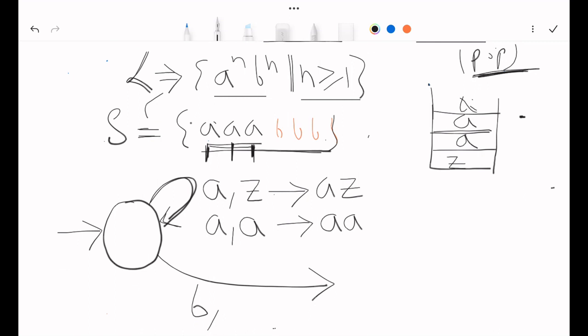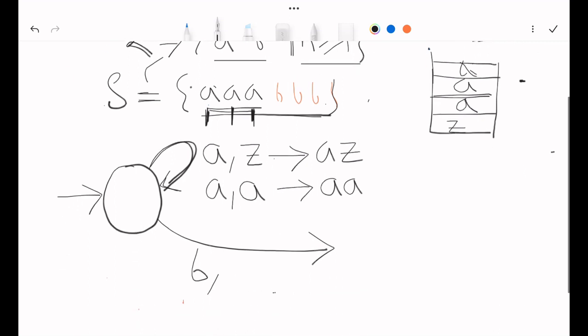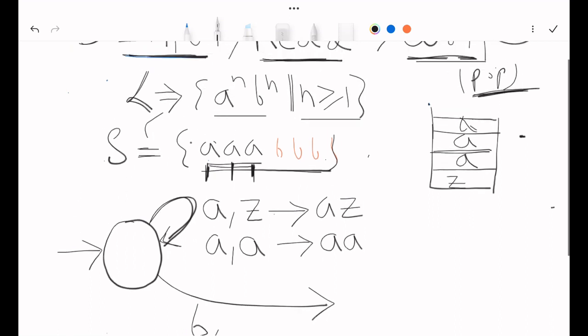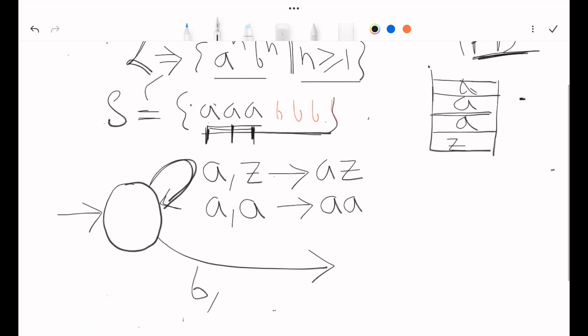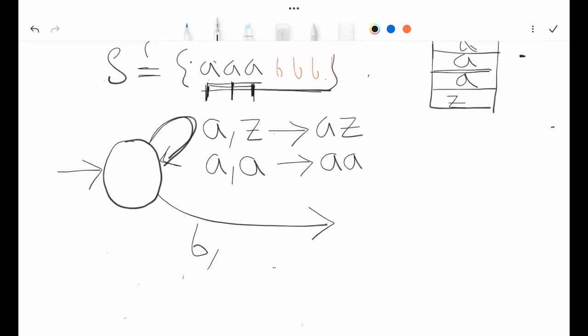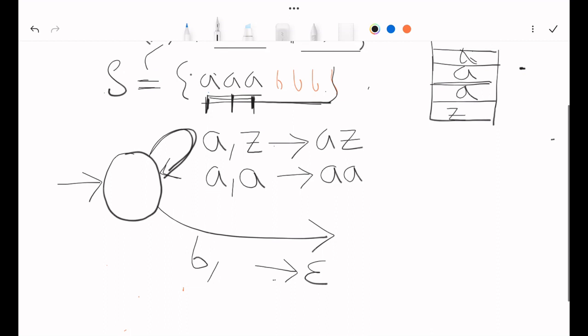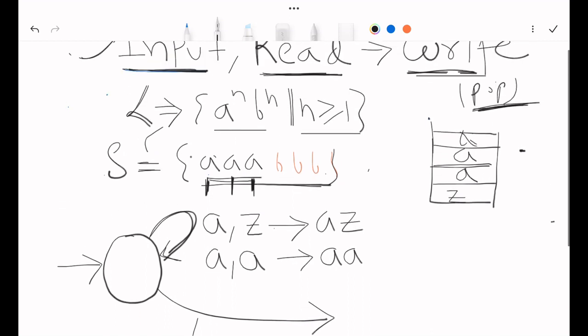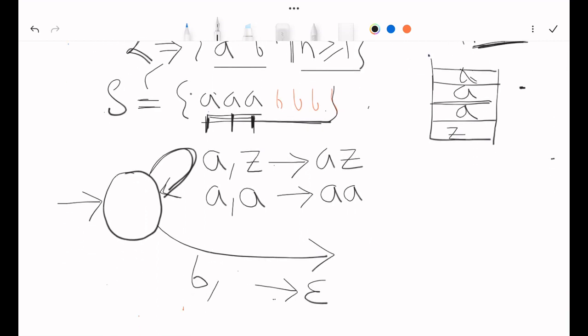So I read A. Now when B is the input, in this condition I will pop. What will I pop? I will pop A. My input is B, so this A I will pop.